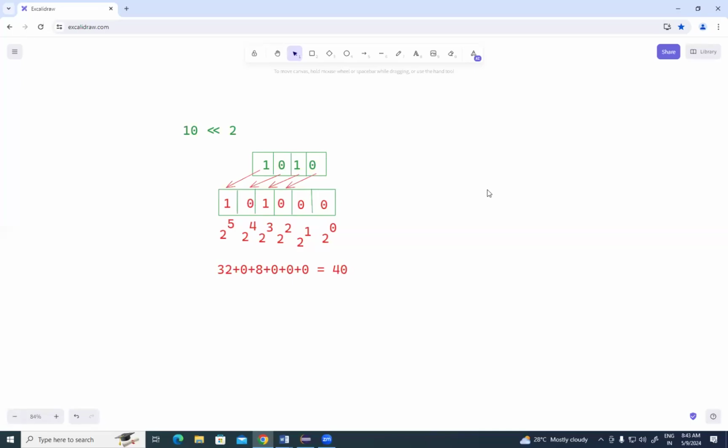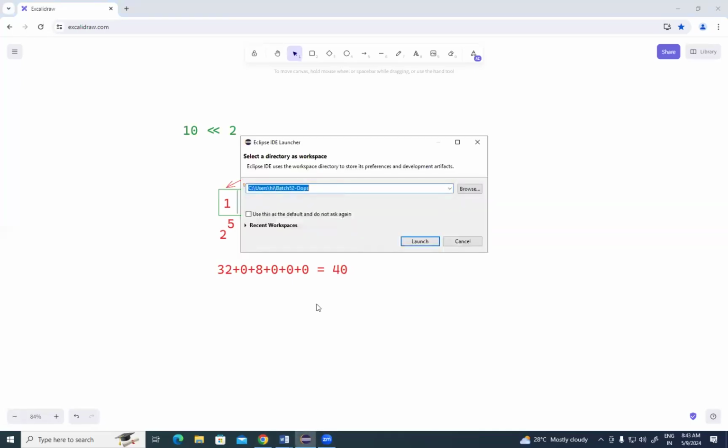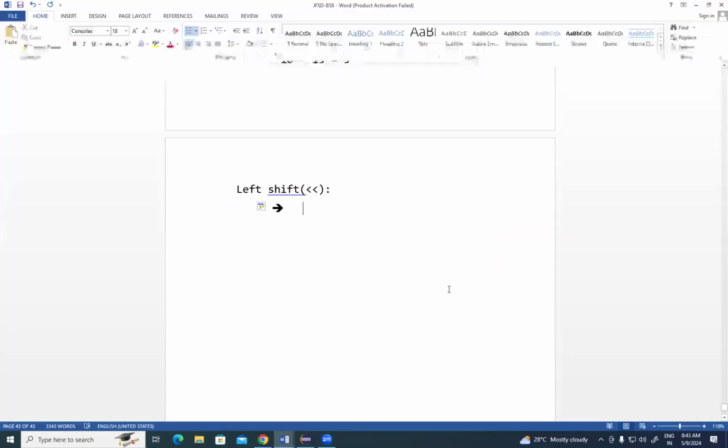Yeah, folks. Online people, have you understood today bitwise operators? How they work? Let me write the point here. What it will do? It will shift the bits of a number to the left by the given times.